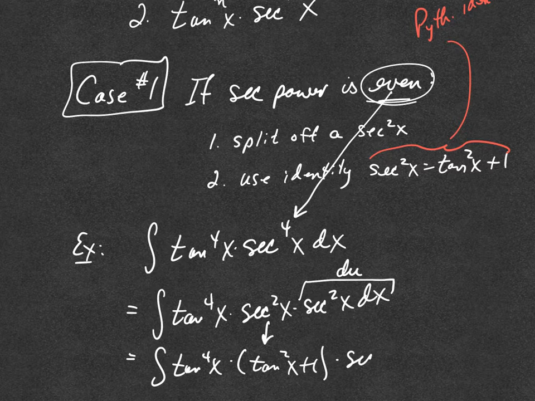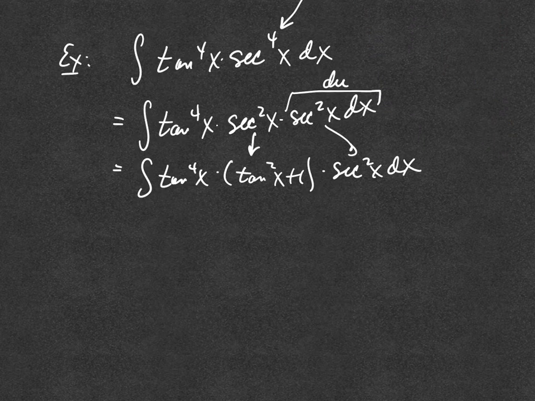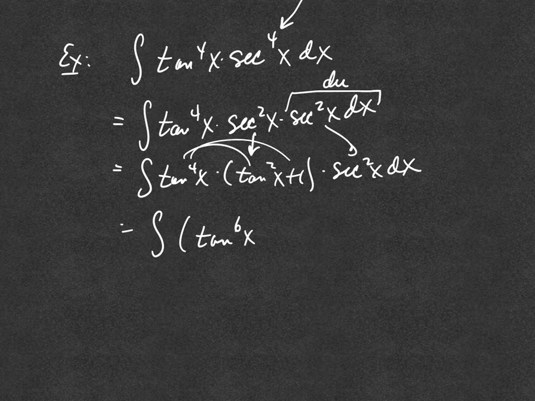We're going to leave the second one alone because we want to keep that. But we want to write all of the other secants, if there are any, in terms of tangents. Now we can do the work, which is fairly easy. We just have to use the distributive property. Tangent to the fourth times tangent to the second is tangent to the sixth, and tangent to the fourth times 1 is tangent to the fourth.